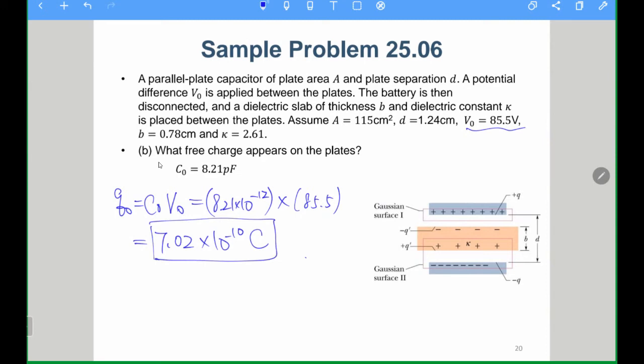Actually, you need to slightly remember the SI units. C is farad. So this is the variable, and this is the SI unit. Q is coulomb, and C is farad.